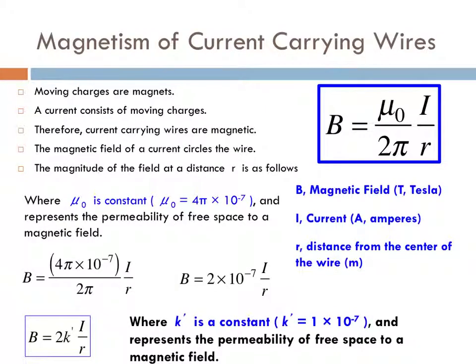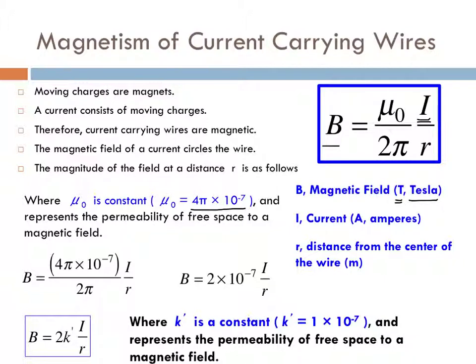Now to calculate the magnetism for current carrying wires. Magnetism, or magnetic field, is represented by a capital B. It's going to have units of Tesla, so capital T. Here we have a couple of new constants. Mu naught is a constant represented by 4 pi times 10 to the negative 7.